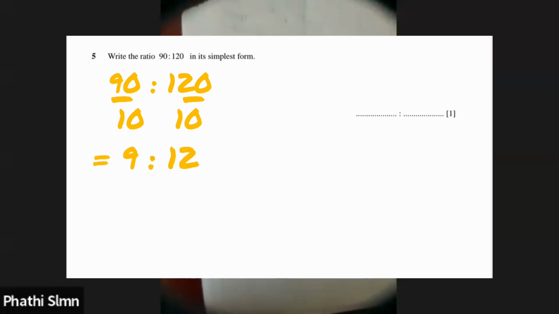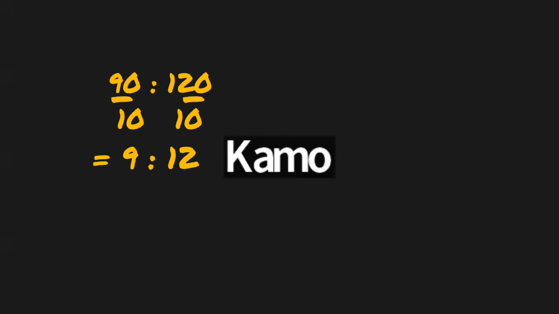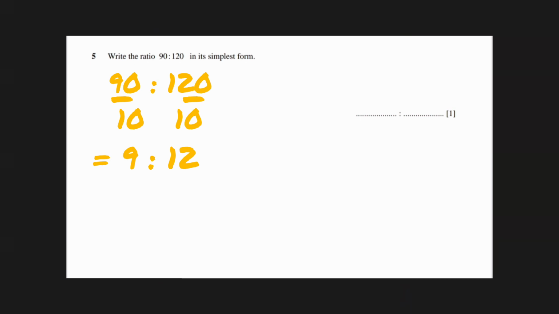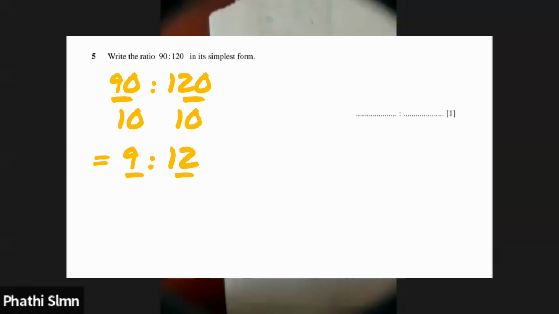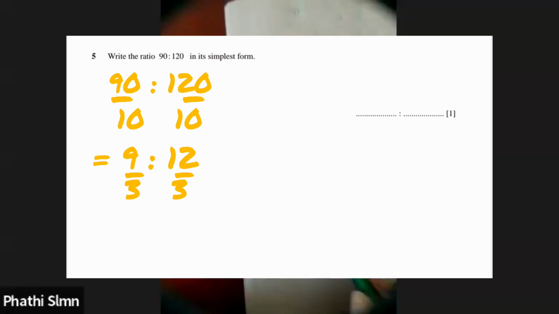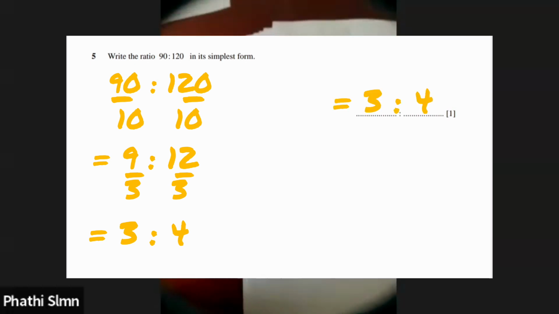Now, what can we divide both sides by so that it's simpler? By 3. Good, by 3. So 3 into 9 is 3, and 3 into 12 is 4. So our simplified version is 3:4.